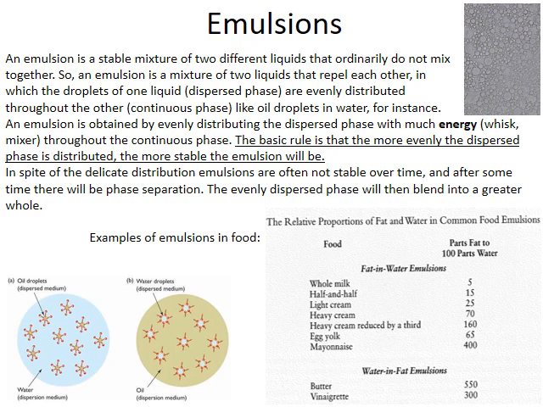So the droplets are always the dispersed medium, and the rest is the continuous medium. There is already one rule that we can state: the smaller the dispersed phase is distributed in the continuous phase, the more stable the emulsion will be, but in time it will show phase separation.